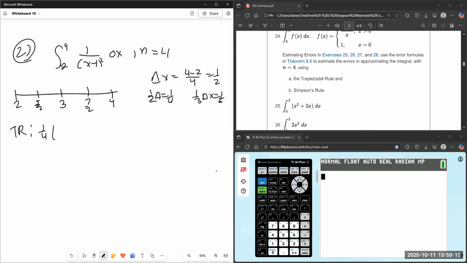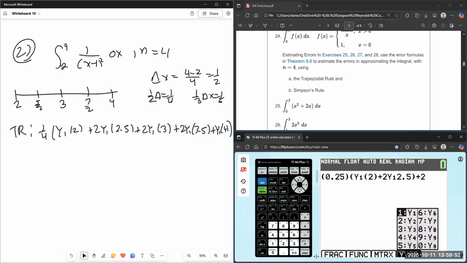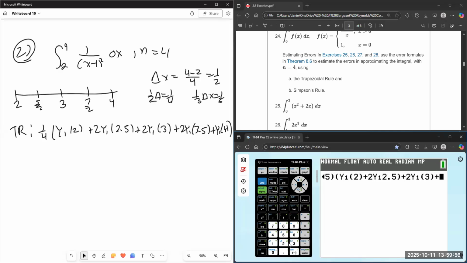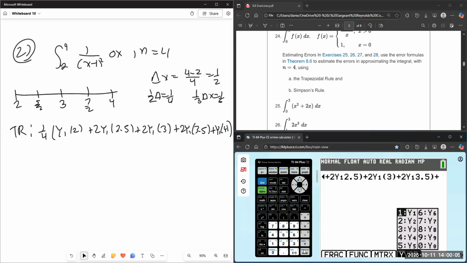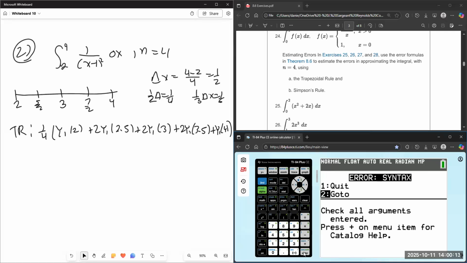So we have a quarter of y1 of 2 plus 2 y1 of 2.5 plus 2 y1 of 3 plus 2 y1 of 3.5 plus y1 of 4.